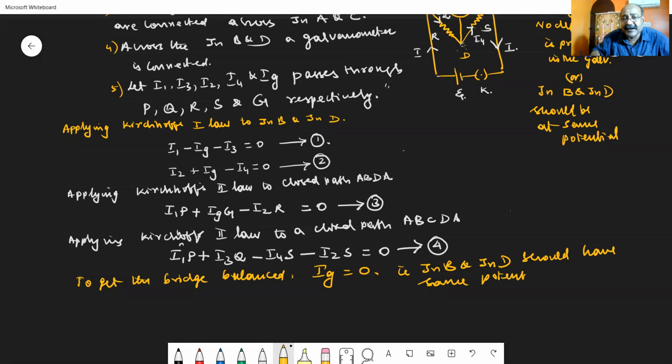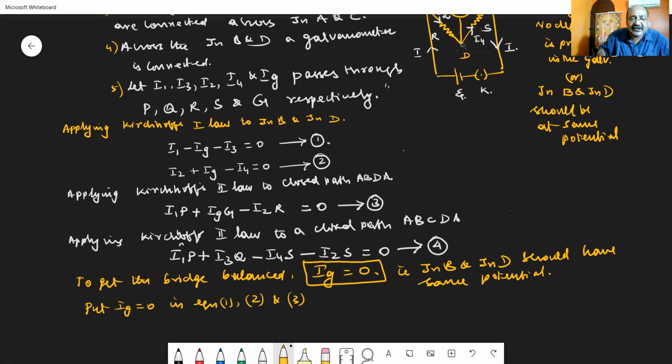If that is the case, the bridge is said to be balanced. So the current through the galvanometer should be equal to 0 for balancing of the bridge. Means you apply this value Ig equal to 0 in equation 1, in equation 2, and also in equation 3.